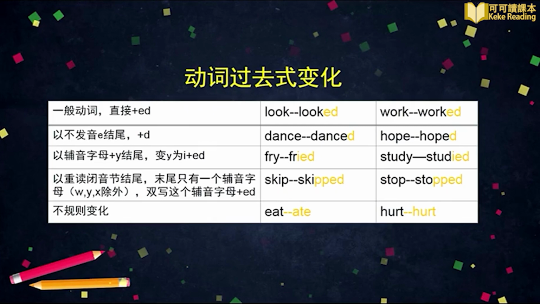Fry, fried, study, studied. 以重读闭音节结尾，末尾只有一个辅音字母，双写这个辅音字母加 ed. Skip, skipped, stop, stopped. 最后一种不规则变化 eat, ate, hurt, hurt.